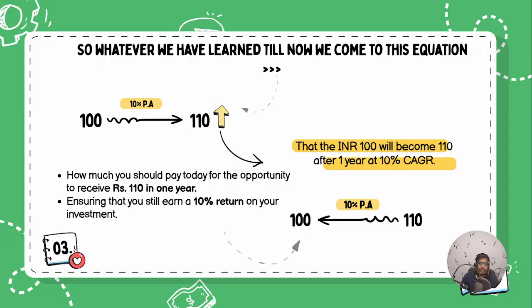In the same way, when we invest 100 rupees at 10% per annum, it gives us 110 rupees. 1 year later, if I ask you how much you invested, you can easily say 100 rupees. But if I ask you today whether this 100 rupees suffices for the value that you are going to earn in the future, this is what DCF tells us.